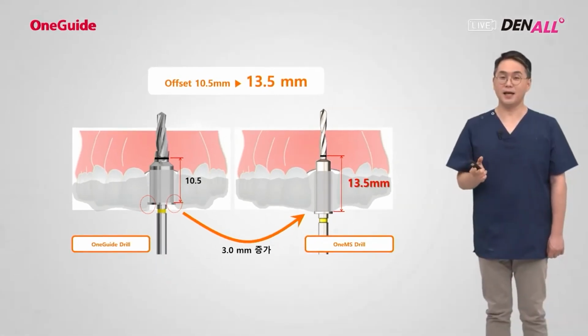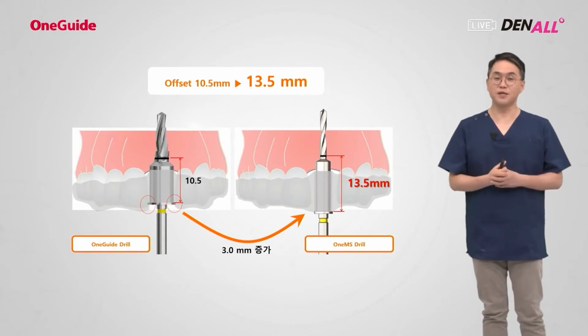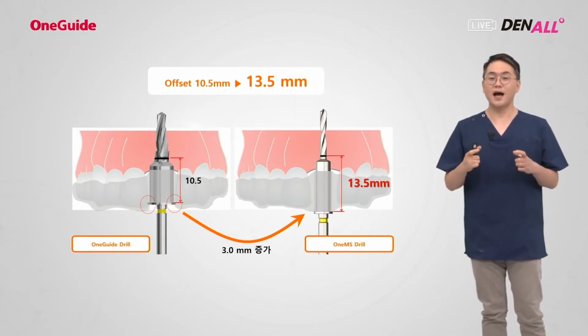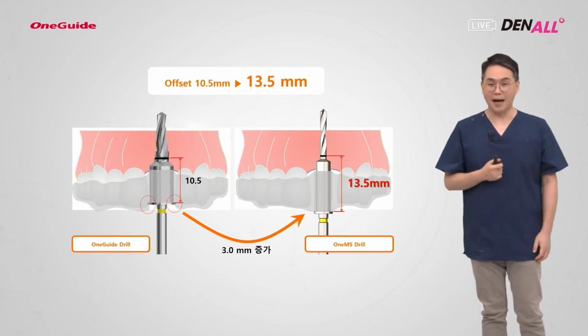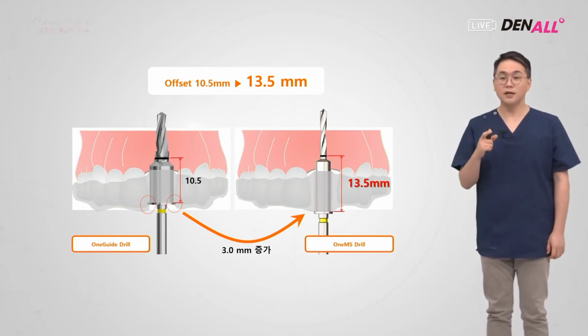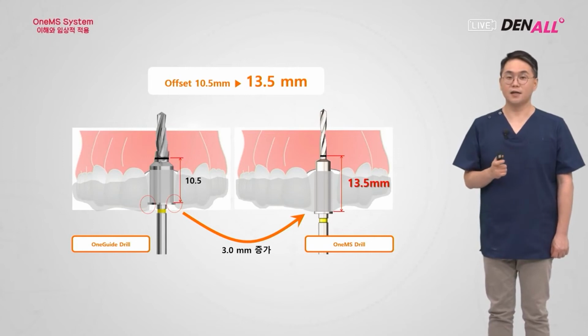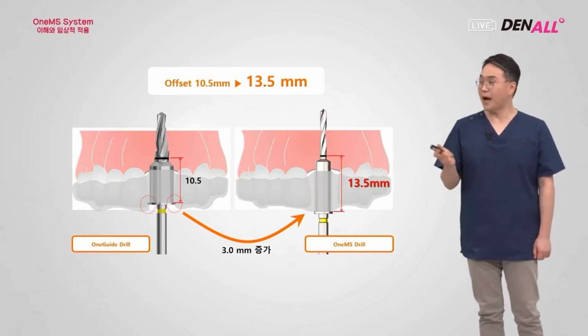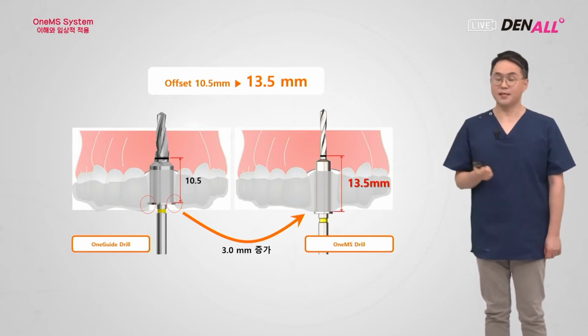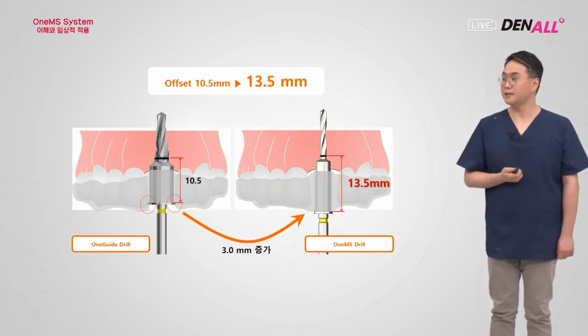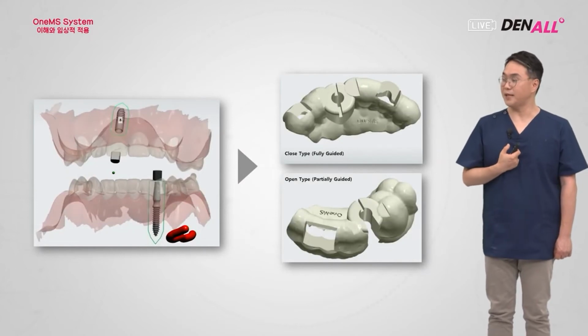This is to avoid interference with adjacent teeth. On the lower anterior part, gingival recession or vertical bone resorption often happens, and the crown becomes longer. In such cases, the guide barrel drill is extended, and the offset is also extended to avoid interference.